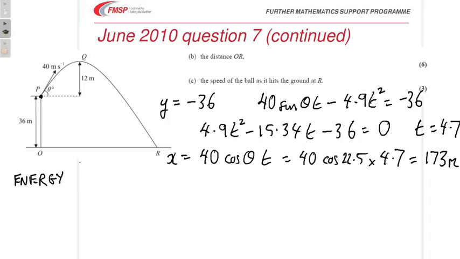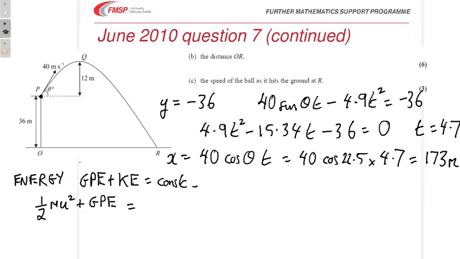So the energy equation is saying that the GPE plus the KE is a constant. It'll take this form, and then we'll put the numbers in. A half m u squared plus the gravitational potential energy at the start will equal half m v squared when it hits the ground.